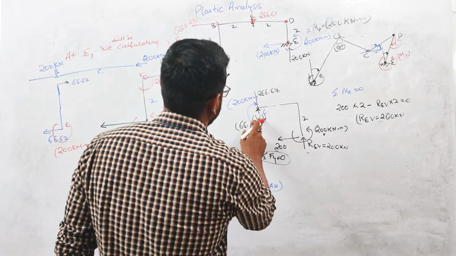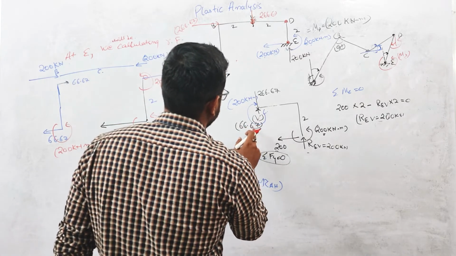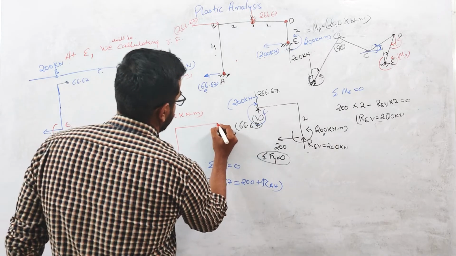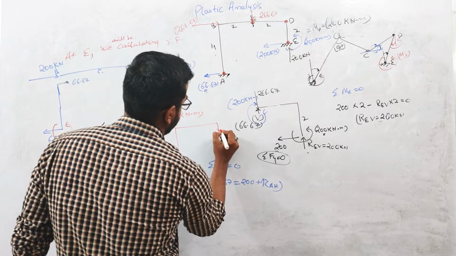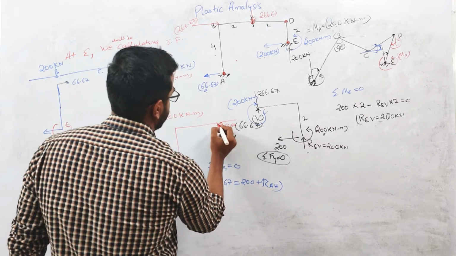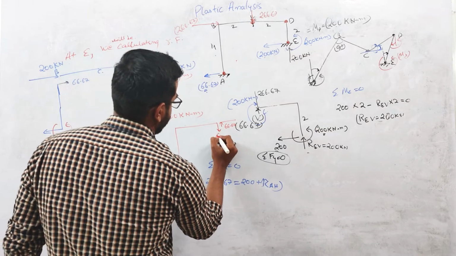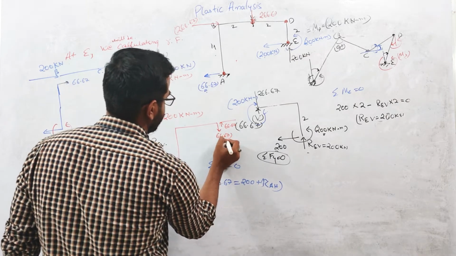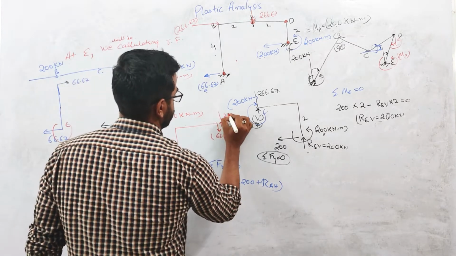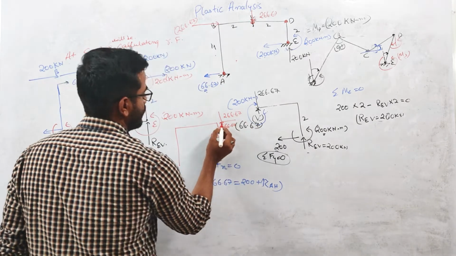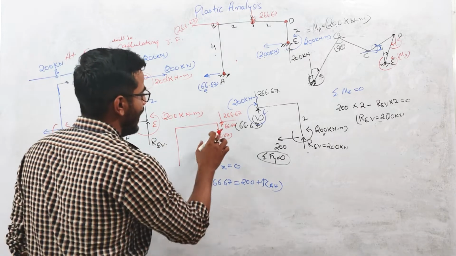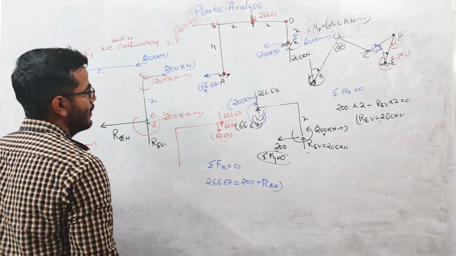At this point, the internal vertical reaction is 66.67. To balance this, 66.67 will act in this direction. Because if you join these two points, a net force of 266.67 will act at this point C. Okay.